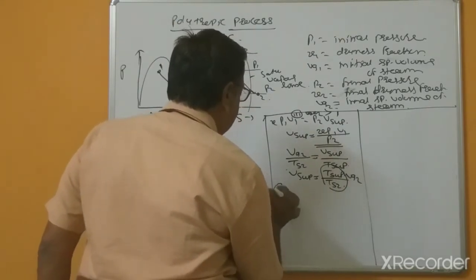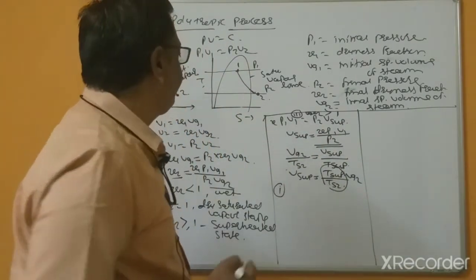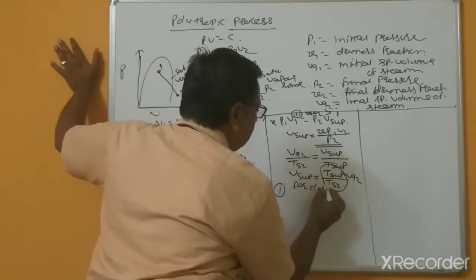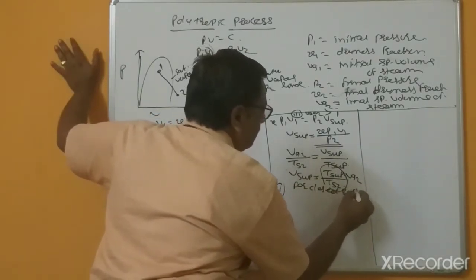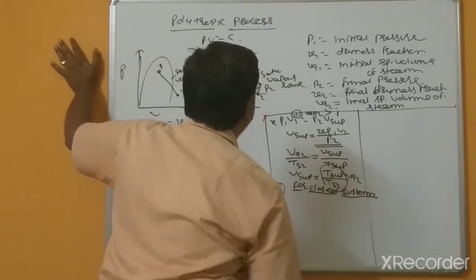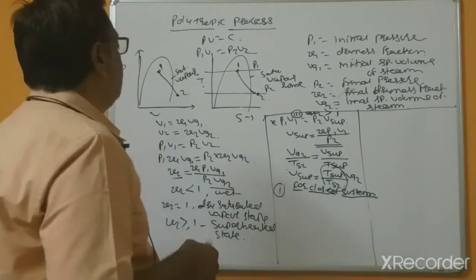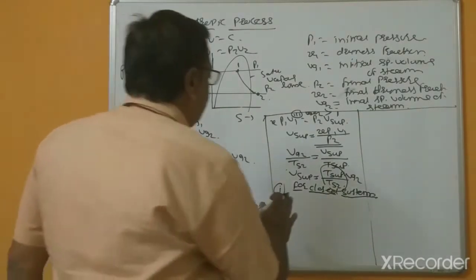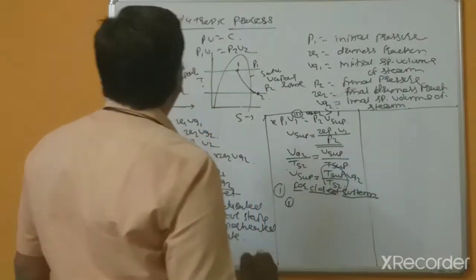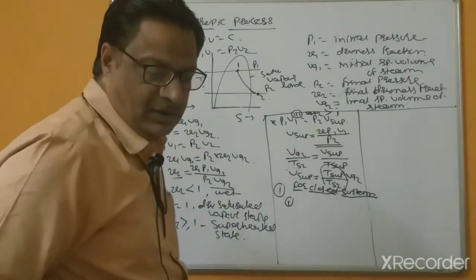So next, for closed systems, first, how can we calculate the work done?